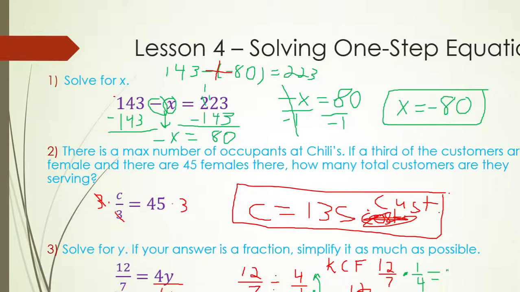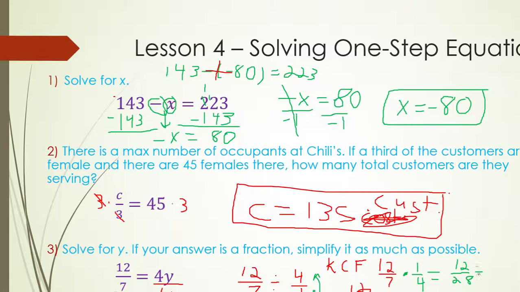So we go 12 times 1 is 12, and we go 7 times 4 is 28. Now, this would be our answer for y, but there's a problem. They said simplify your fraction. What they mean by simplify is, is there a number that divides into both 12 and 28?